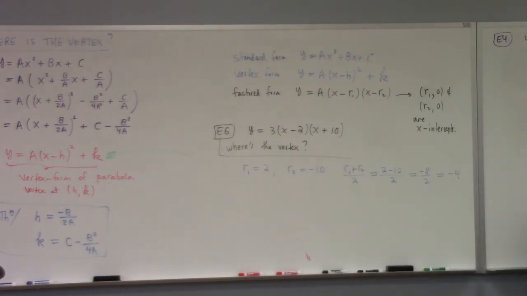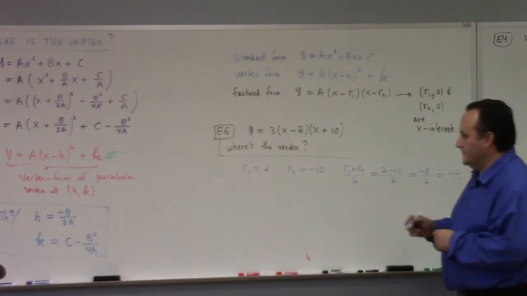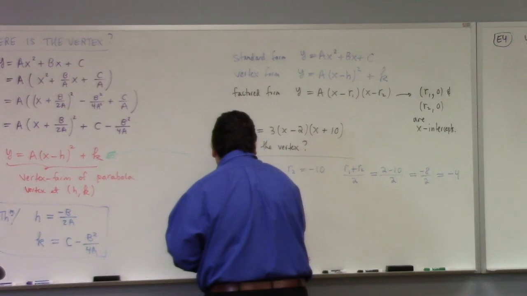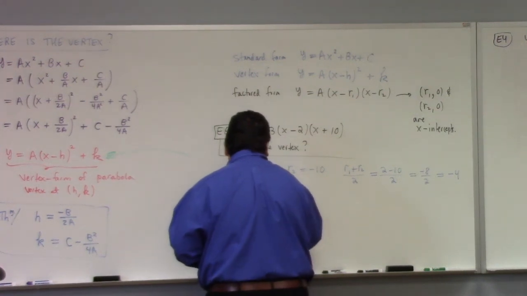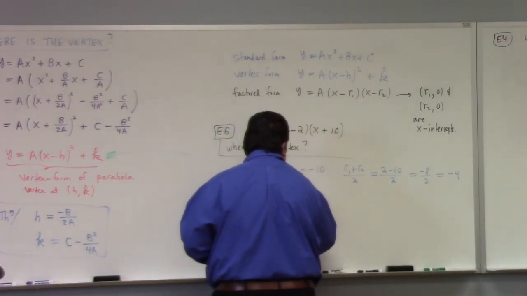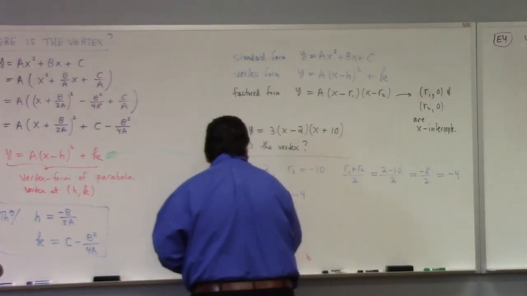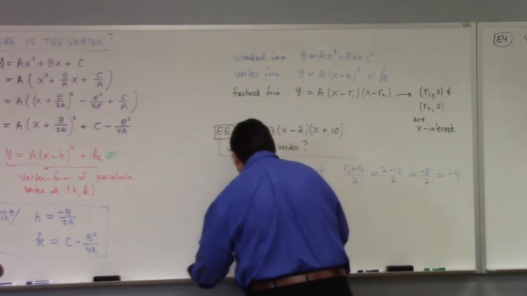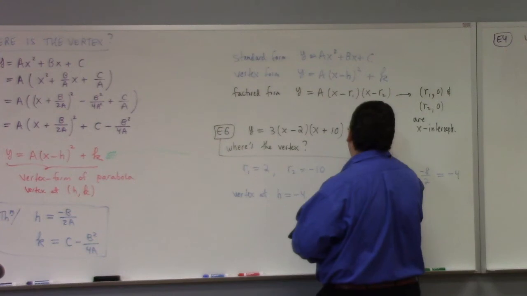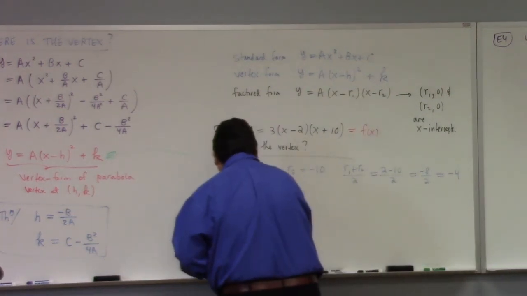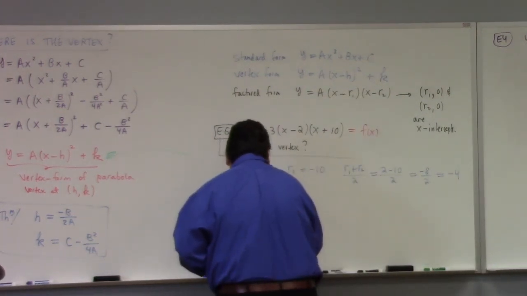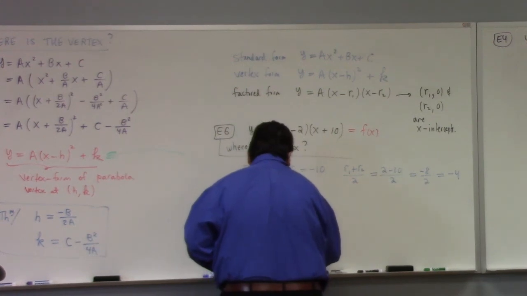So the vertex is at 4. What is the vertex, though? Vertex is at h equals minus 4. What is the vertex? Well, if we think of this as a function, right? Think of this as f of x. Then k is always going to be f of h, which would be f of 4.